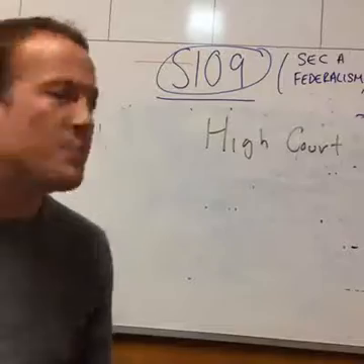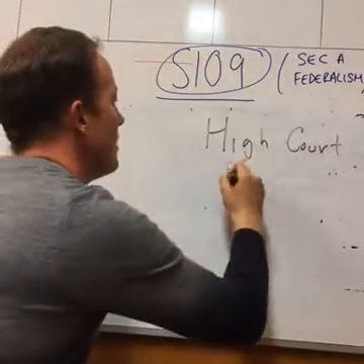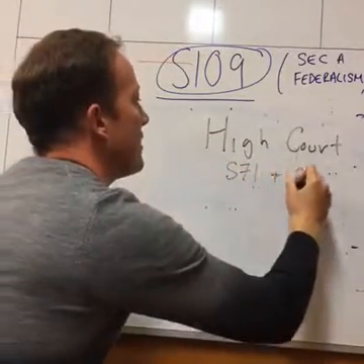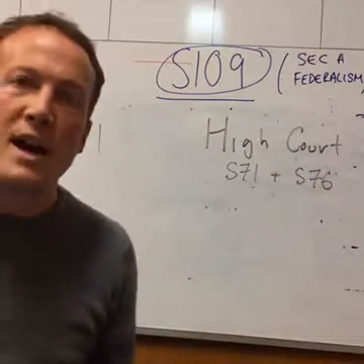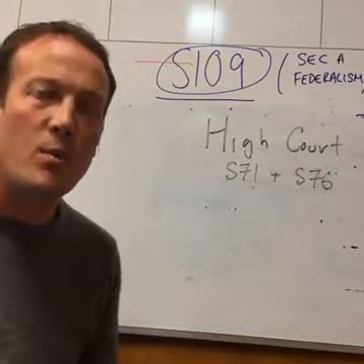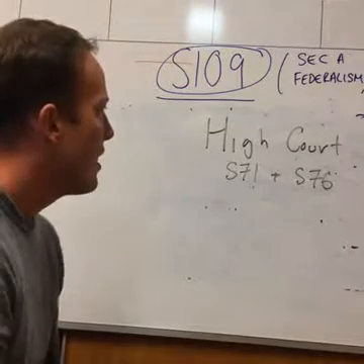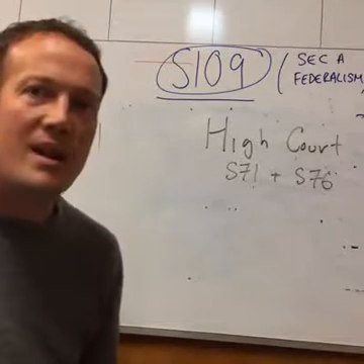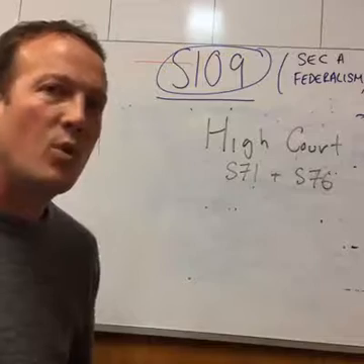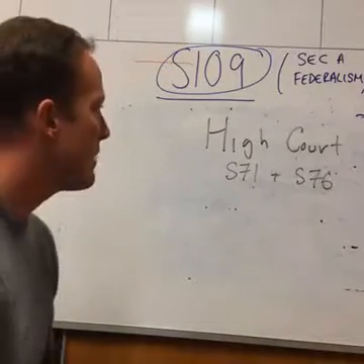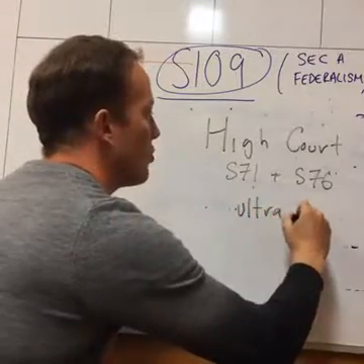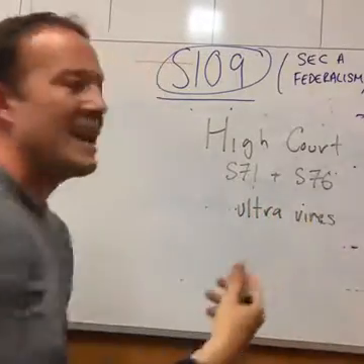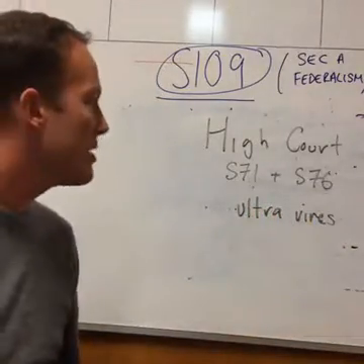The High Court has power under Section 71 and Section 76 to rule on disputes between the Commonwealth and the states, and they can determine under Section 109 whether Commonwealth law prevails or whether it doesn't. The term for that would be ultra vires, if it's outside the power of that body to make the laws on it.